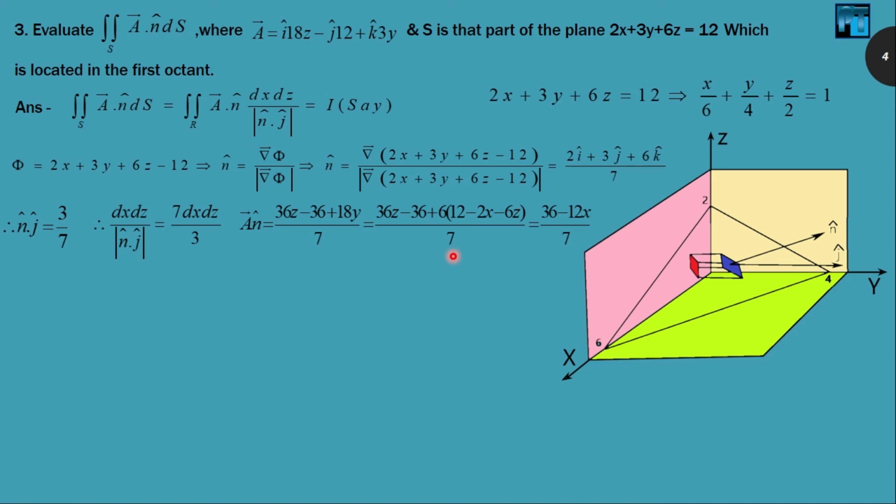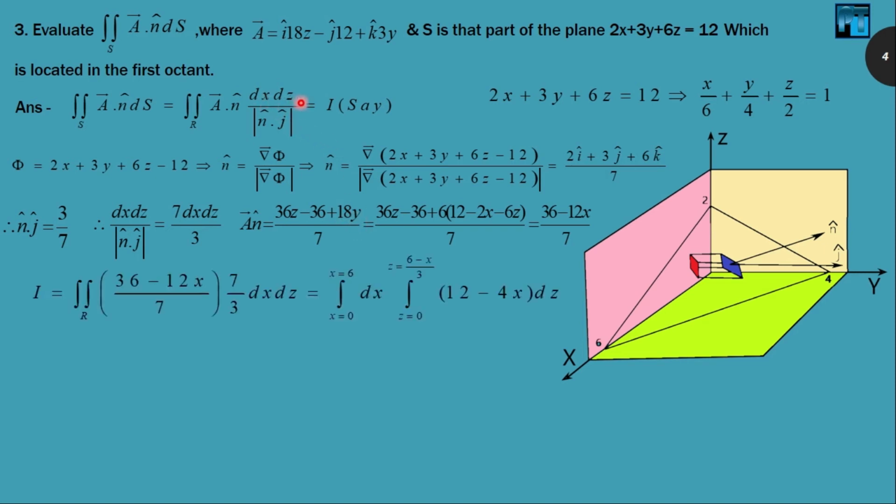First you get 36z minus 36 plus 18y, and this y is now replaced by 12 minus 2x minus 6z from this expression. So after calculation we are left with 36 minus 12x by 7. See, we are left with dx dz. y is unavailable here, so we have to replace y by our working variables.